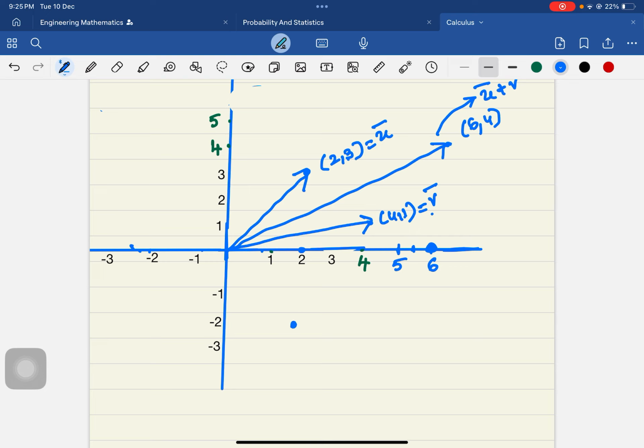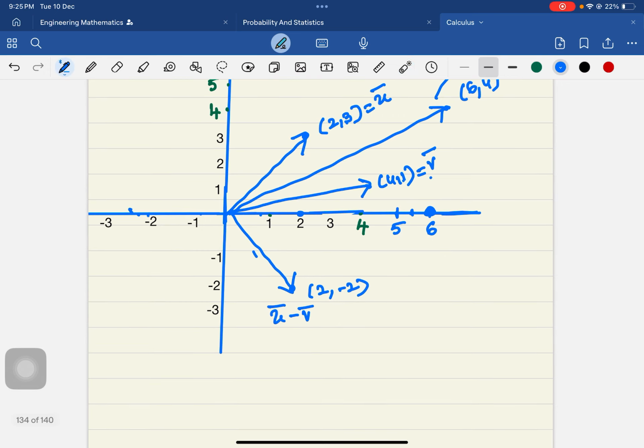This vector is given by (2, minus 2). We denote this vector as u bar minus v bar. This vector gives you u bar minus v bar, and this vector gives you u bar plus v bar. This is the way of representing the two vectors.